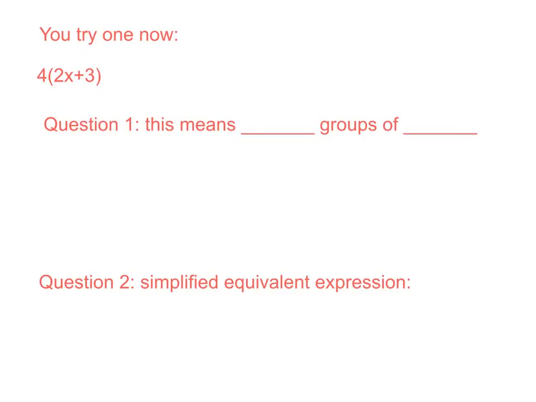Okay, so now that you've tried it on your own, this means 4 groups of 2x plus 3. So if I have 4 groups of 2x plus 3, I'm just going to show you one group of 2x plus 3.